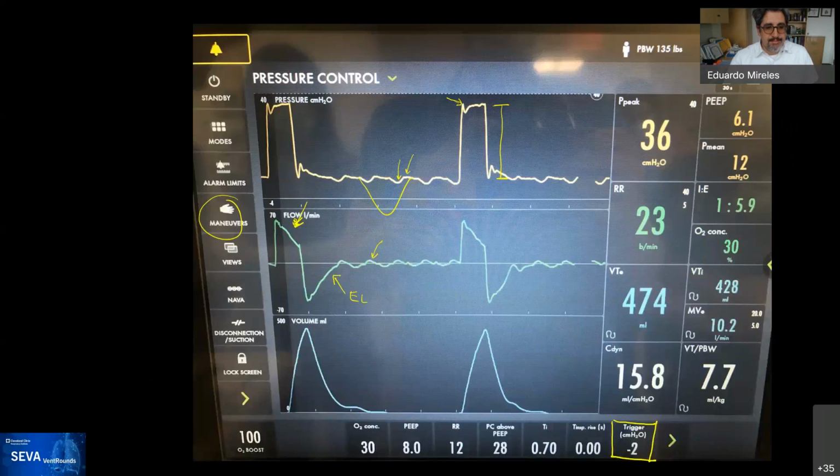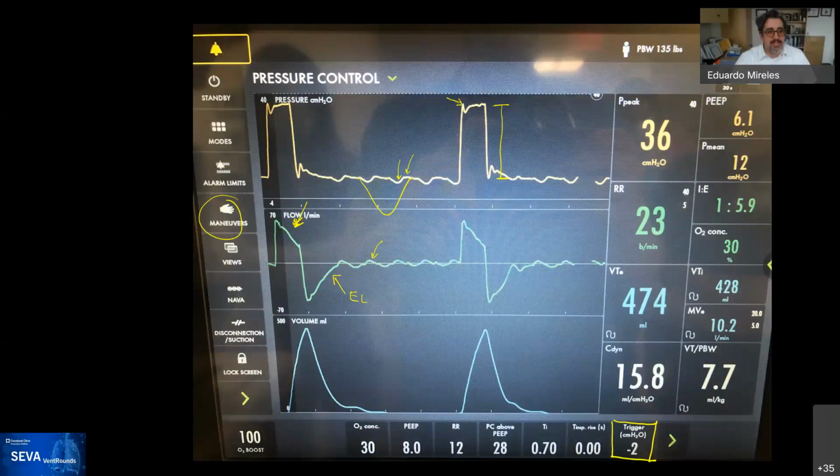A quick question, Dr. Mireles, on the second waveform. Yes, Ahmed. From a taxonomy standpoint, in this waveform it is very clear these are cardiac oscillations, but the waveform is crossing the baseline. Would you call this a failed trigger from a taxonomy standpoint? It's crossing, but it's not triggering.